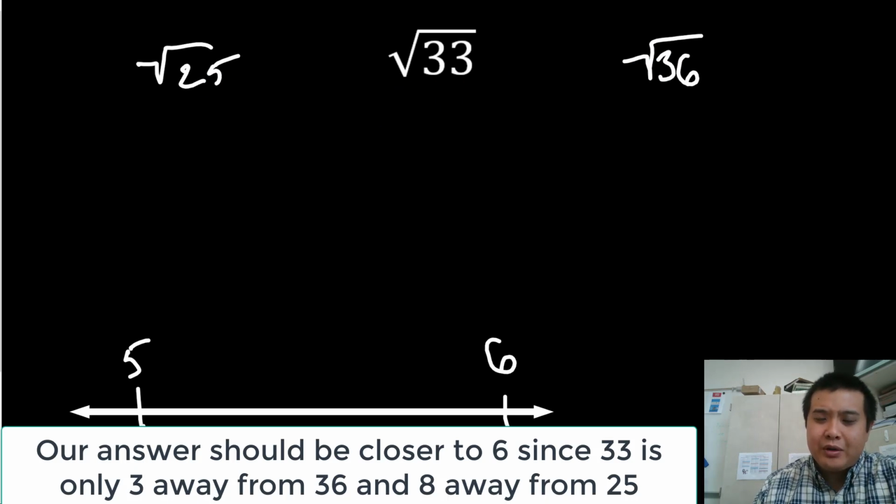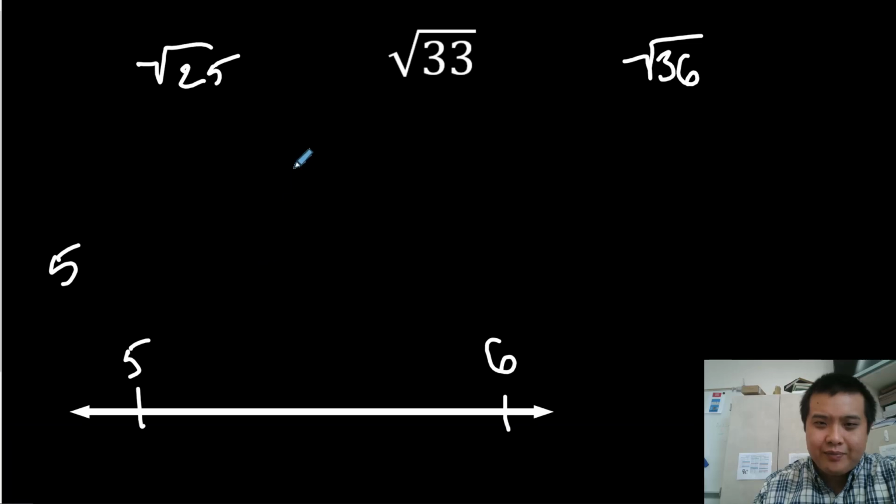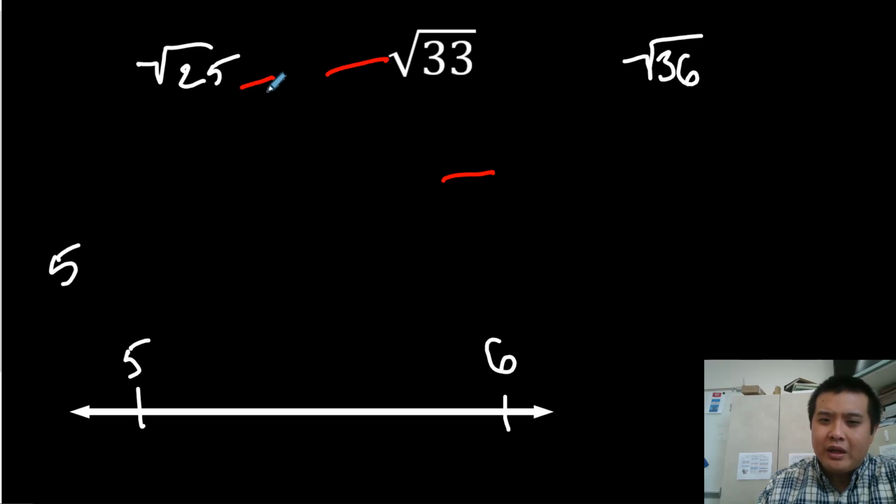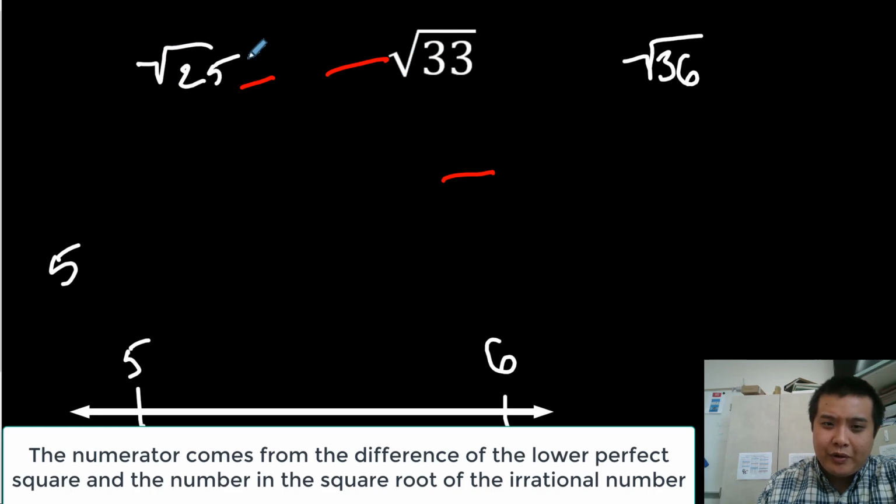So here's how we're going to go about doing this. We know that it's going to be 5 something, but we need to figure out what that decimal is. So what we're going to do is create a fraction here. The numerator of the fraction is going to come from the difference between 25 and 33, the lower perfect square and the number that we're actually going for. The difference between those, we said, was 8.